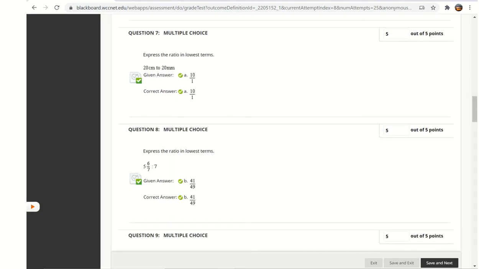This one, a lot of people had problems with 20 centimeters to 20 millimeters. So we're going to do 20 centimeters over 20 millimeters. Now the millimeter is a smaller value. Centimeter is a larger value. So how many millimeters in a centimeter?